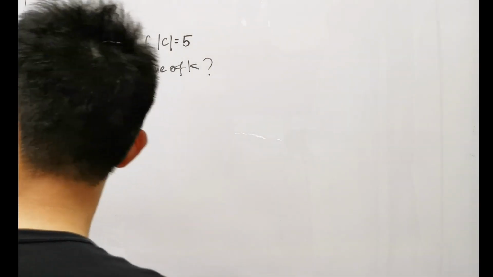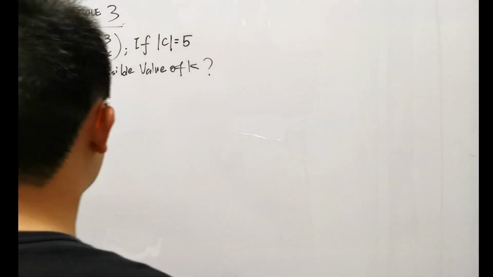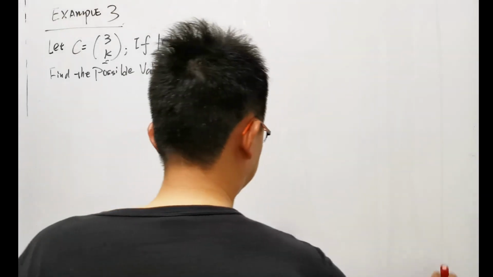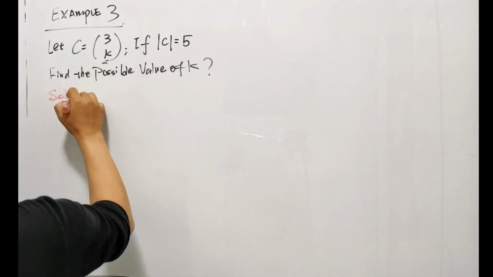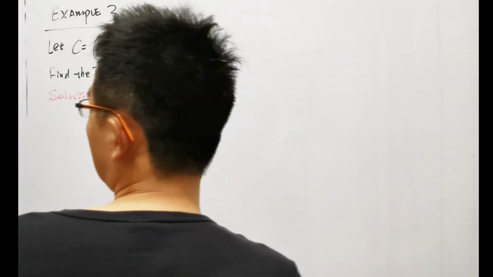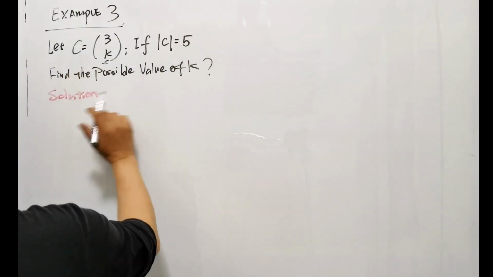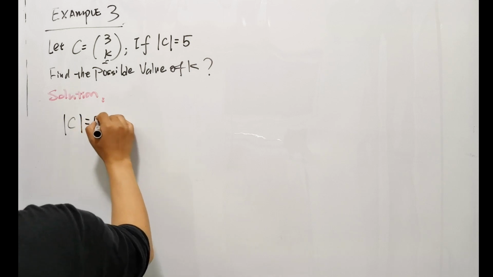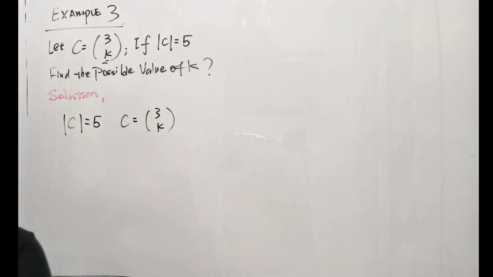Let's draw a diagram for this. So how to solve this problem? Solution. We know the magnitude of c is 5, and c equals (3, k). Let's look at the formula.